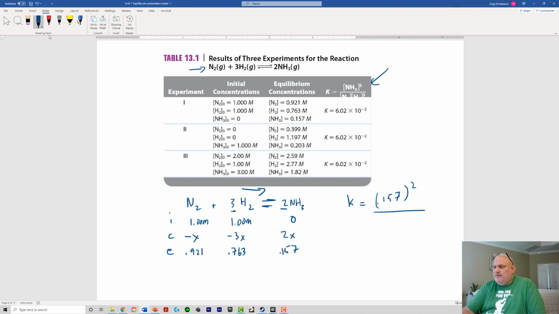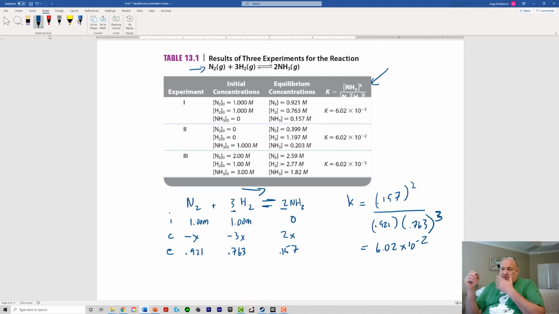On the bottom, we'd have 0.921 times 0.763, all raised to the third power. And if you do the math on that, you get 6.02 times 10 to the negative 2.